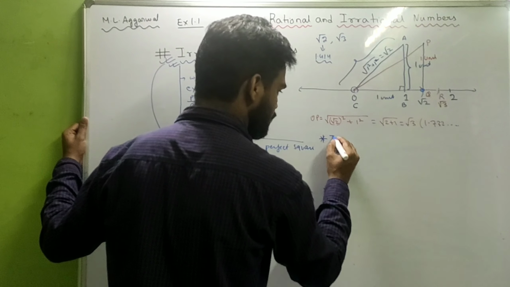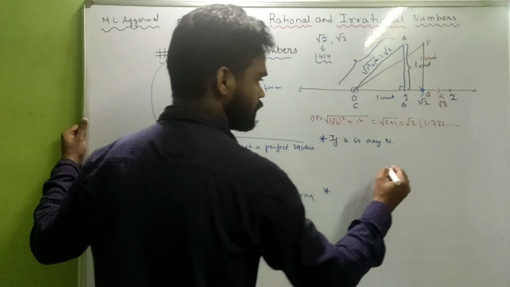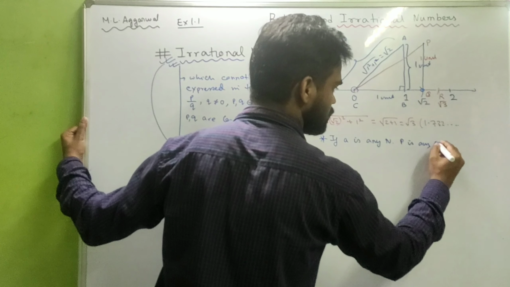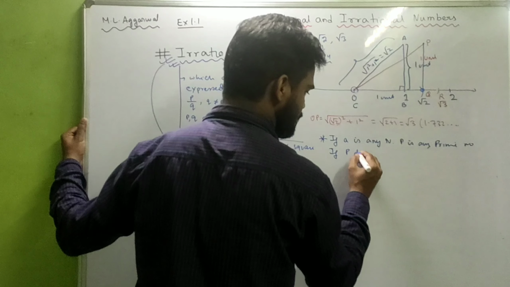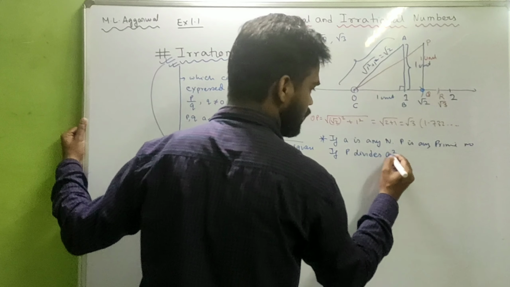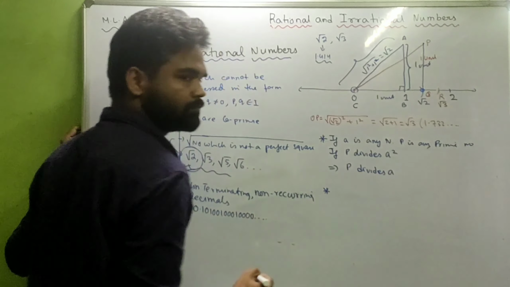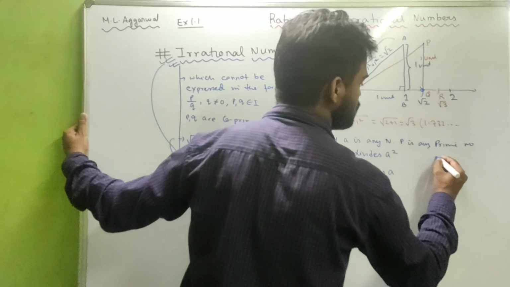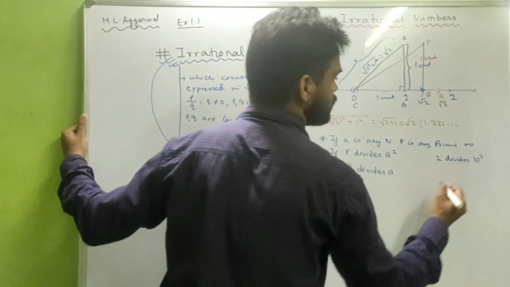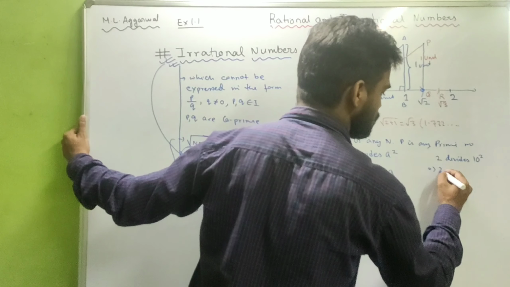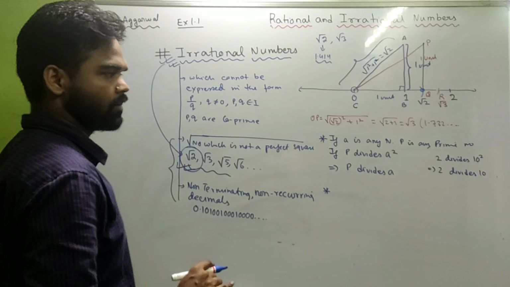First of all, if A is any natural number, P is any prime number, and if P divides A square, it simply means P divides A. For example, see, 2 divides 10 square, isn't it? Which means, can we write 2 divides 10? We can write. Am I clear or not?